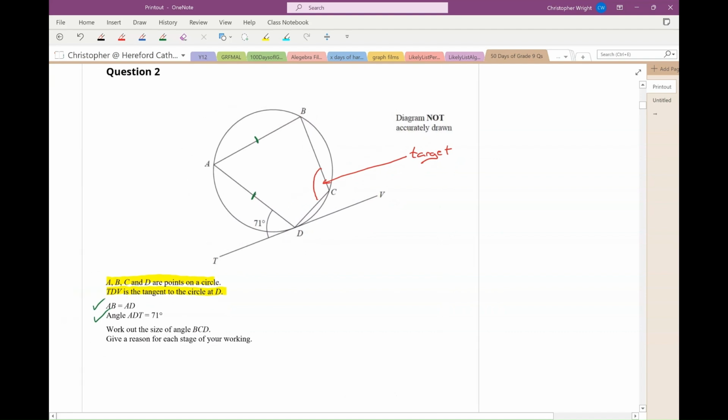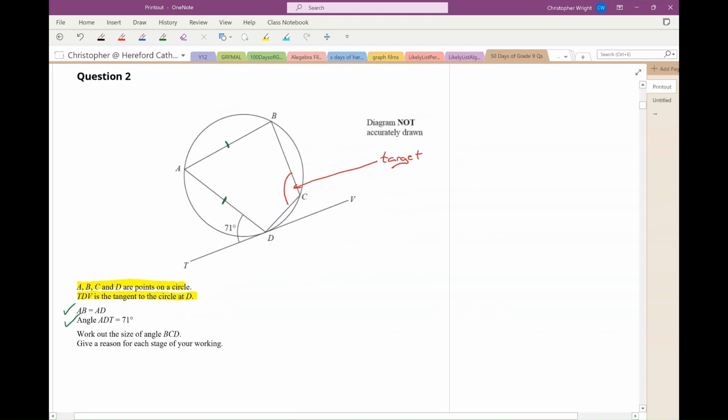Well, I've got the tangent there, haven't I? So if I were to draw a line from B to D, then I could use the alternate segment theorem. Look, that angle and that angle would be equal, wouldn't they? So my first piece of working is going to be that ABD equals 71, and I shall say alternate segment theorem.